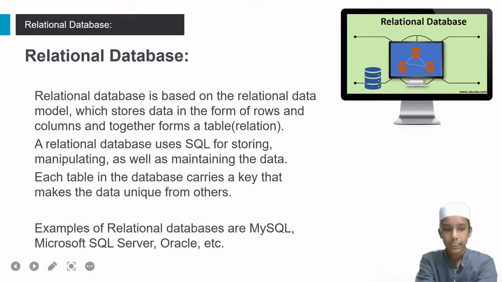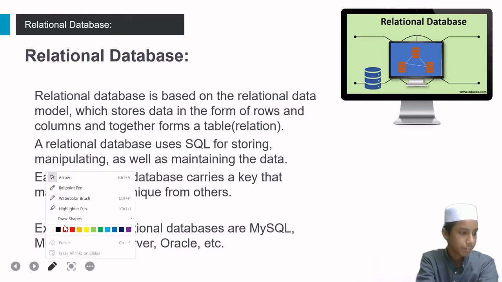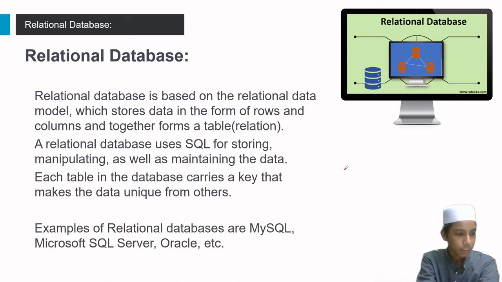A relational database is based on the relational data model, which stores the data in the form of rows and columns, which together form a table. So we store the data in the form of rows.